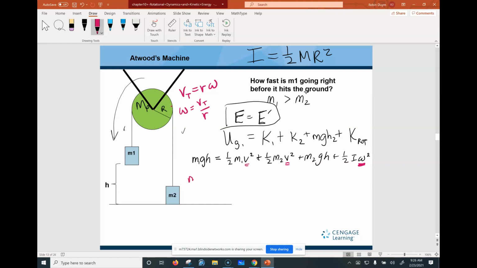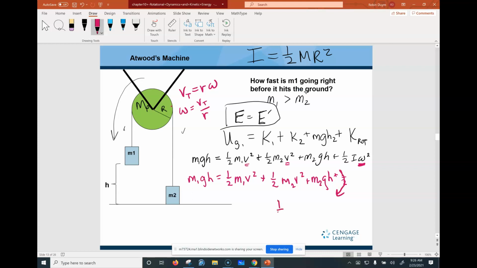We're going to have M1GH equals 1/2 M1V squared plus 1/2 M2V squared plus M2GH plus 1/2, and then you can plug in your... I'm not going to have room, so I'm going to do him down here.